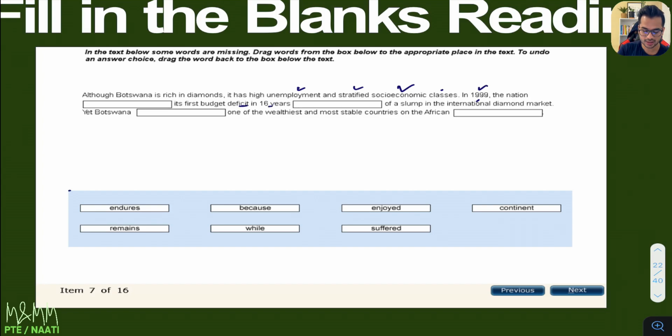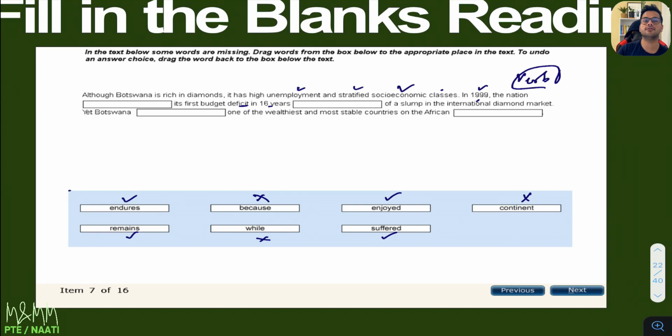By reading the sentence, I can figure out that a verb is missing, an action word, because there's no action happening in the sentence. Endures is a verb. Enjoyed is a verb. Continent is not a verb. Remains is a verb. While is not a verb. Suffered is also a verb.